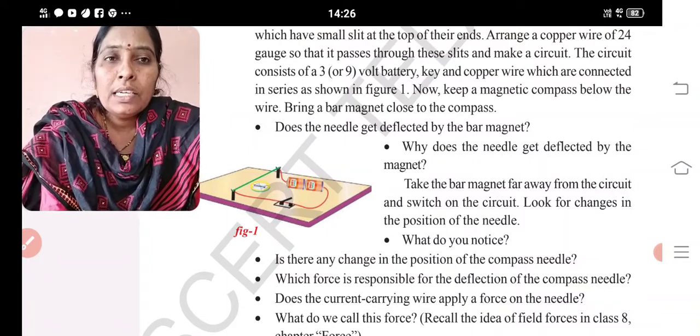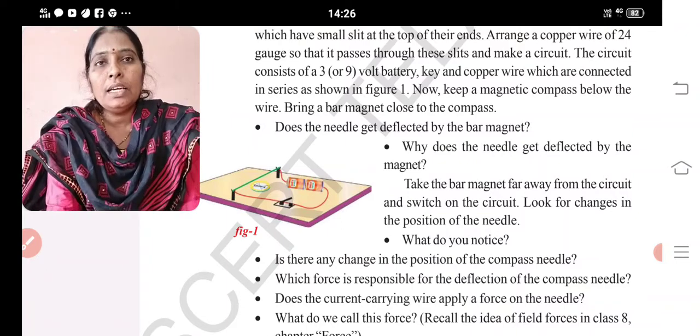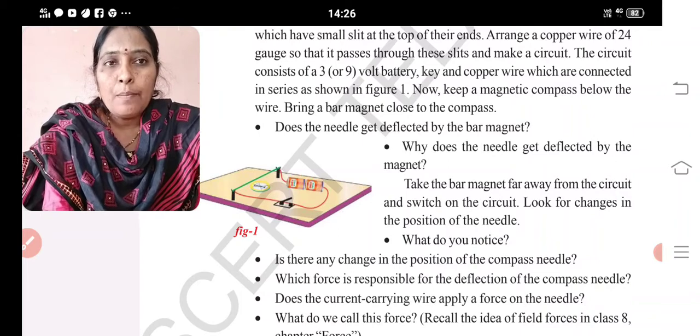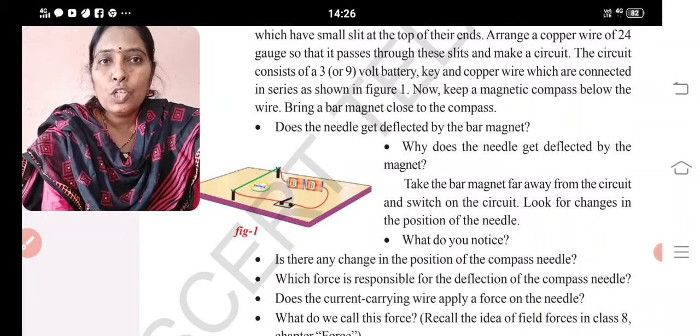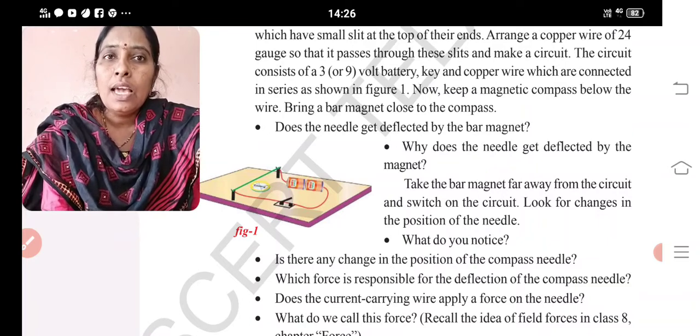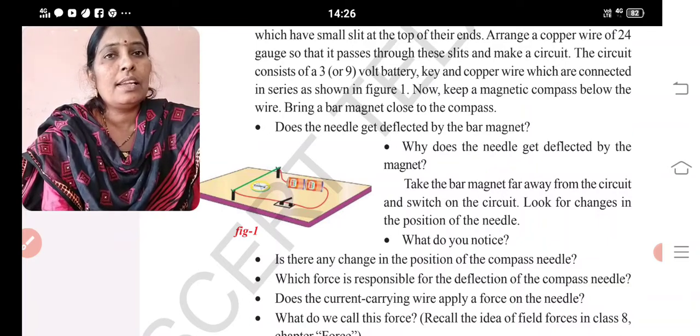You can see in the diagram, figure 1, beneath that we have one magnetic compass. When a current is passed, we can see the deflection in the magnetic needle. This shows that there is a relation between electricity and magnetism.